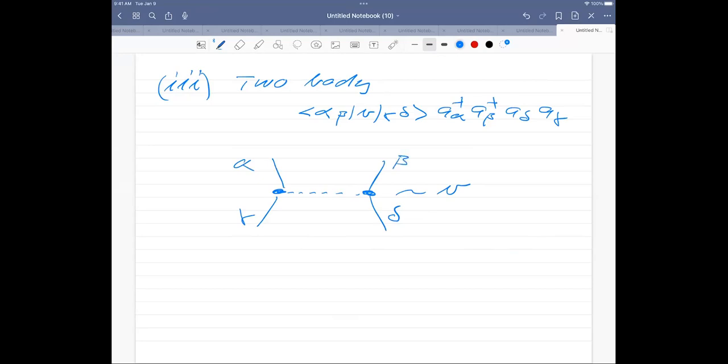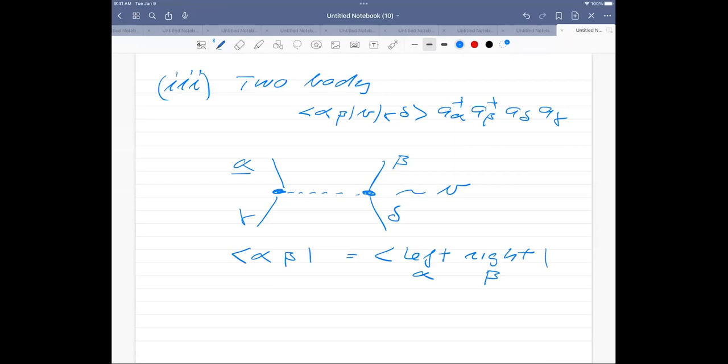When you look at this one, you see that the state alpha beta is given by the left position being the state alpha, and the right one being the state beta. So the state to the left in the diagram is the state alpha, and the state to the right is the state beta. These two together define this outgoing state, which is a two-particle state.